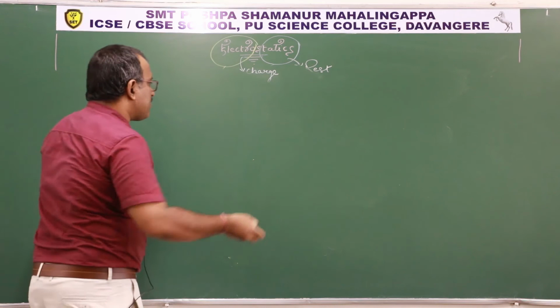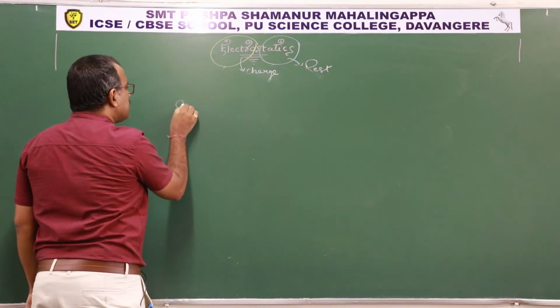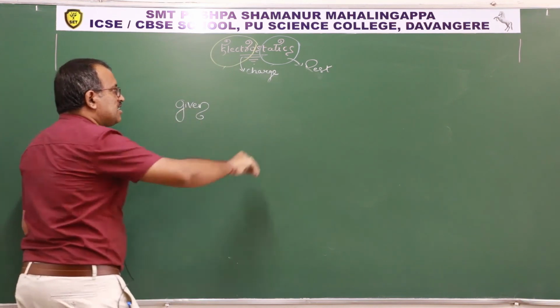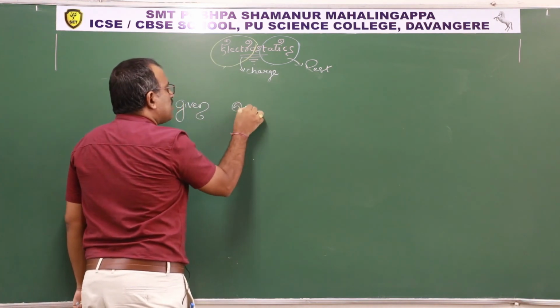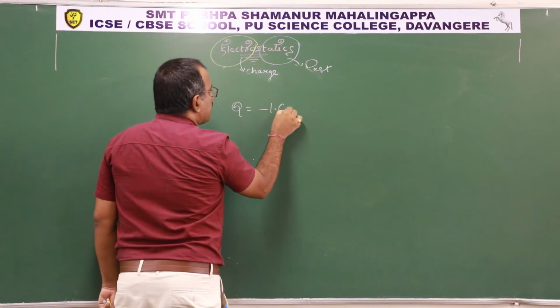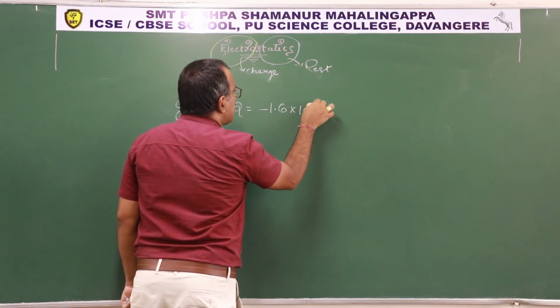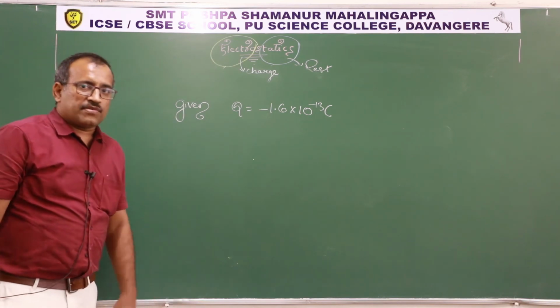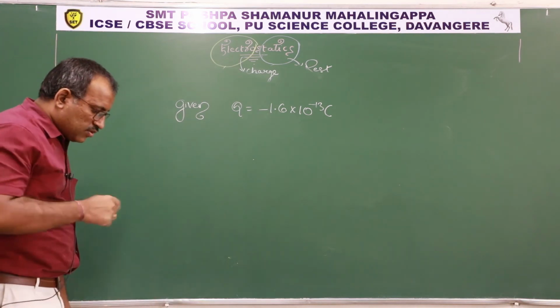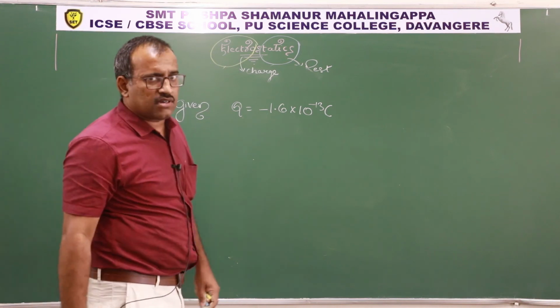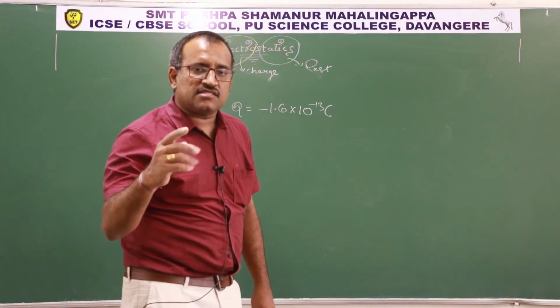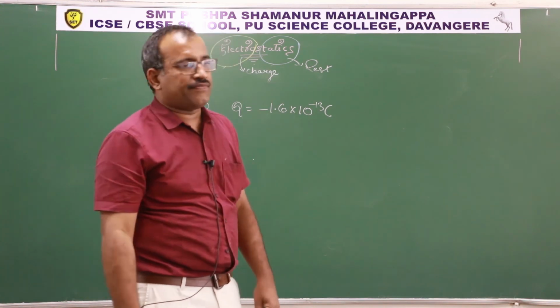Given question is Q is equal to minus 1.6 into 10 power minus 13 coulomb, and they will ask you straightforwardly at board level, will this charge exist or not exist?